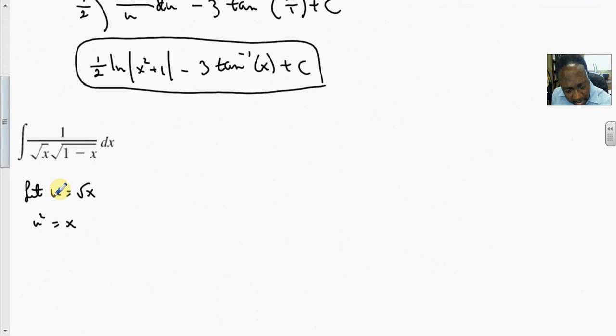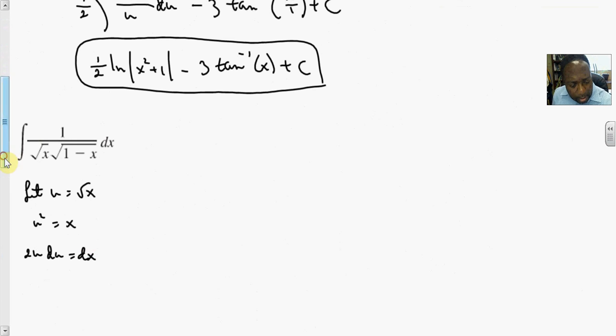And the reason why I do that is because taking the derivative of u, the square root of x, won't give me anything valuable to be able to simplify this integral that I'm given. So here, let's take the derivative on u squared equal to x. So this is 2u times du is equal to dx.